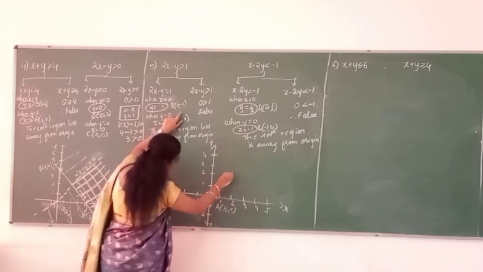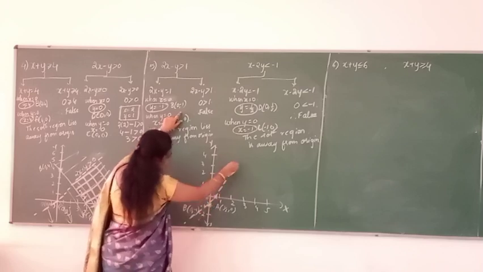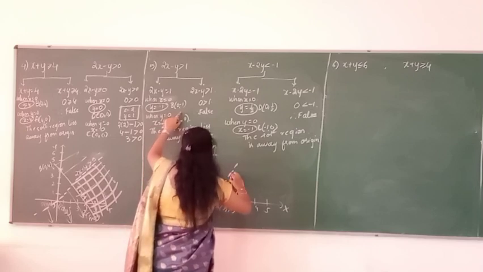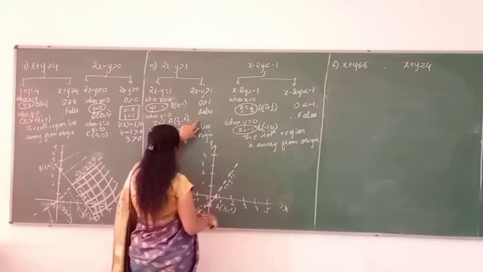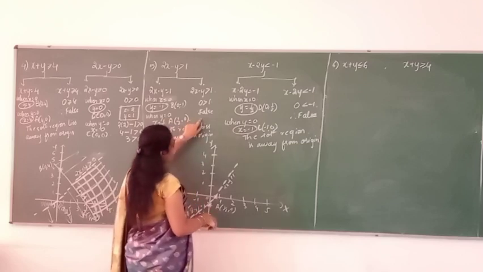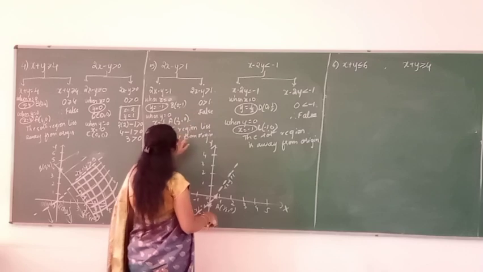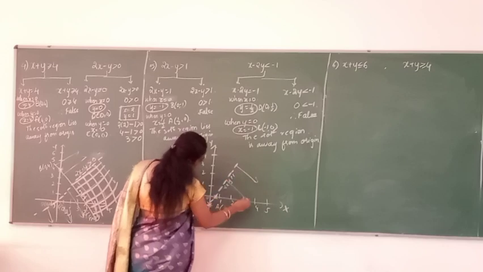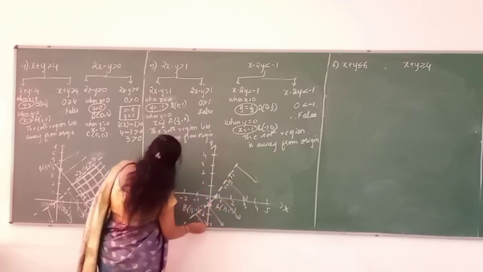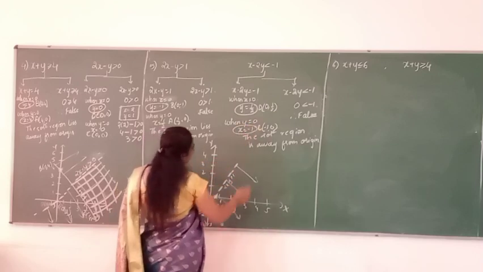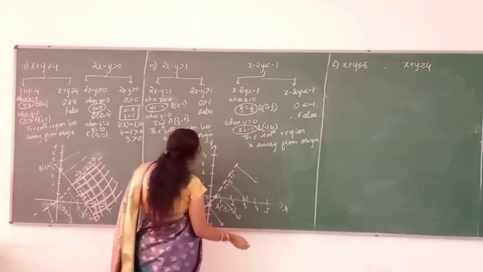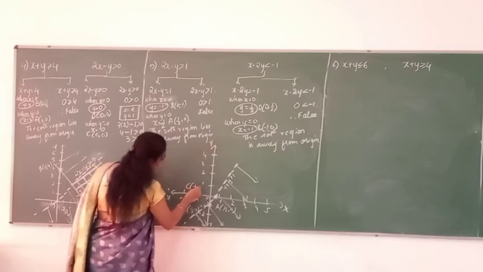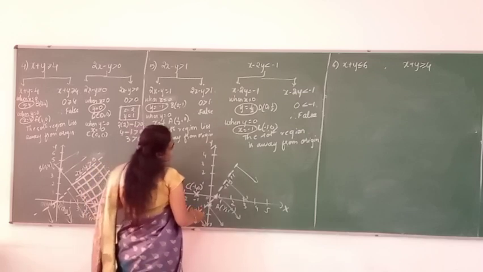Greater than, it will be a dotted line. But 0, 0.5.